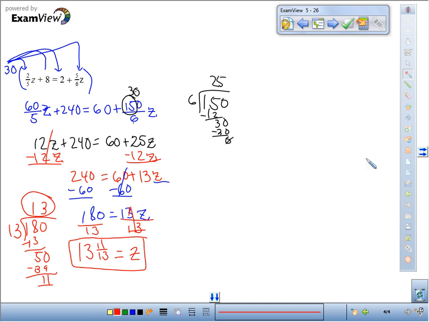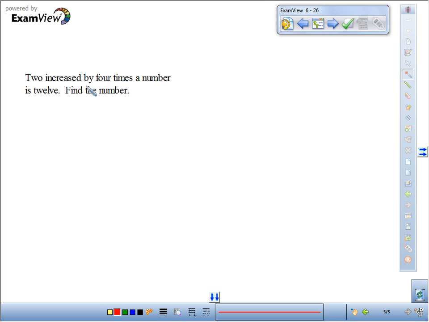Number 6. It says 2 increased by 4 times a number is 12. Here we go. So, 2 increased.